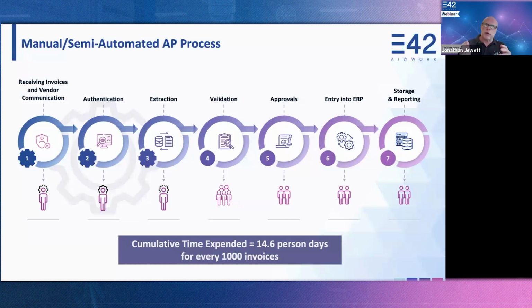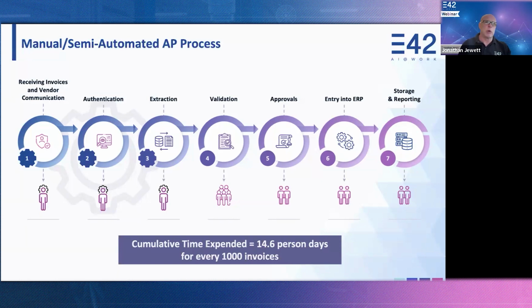So it's a perfect application of automation technology. I think what we've found is that a lot of organizations have invested in some level of automation to this point, and those mixed results that they're seeing are apparent here as we walk through a typical 7-step AP process.